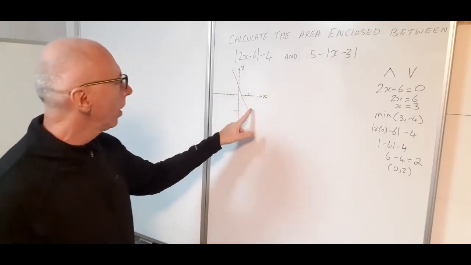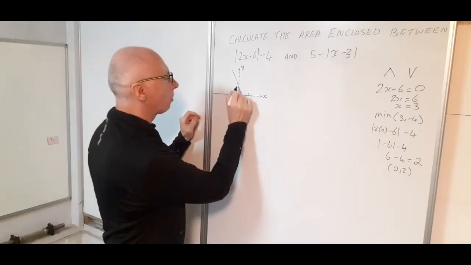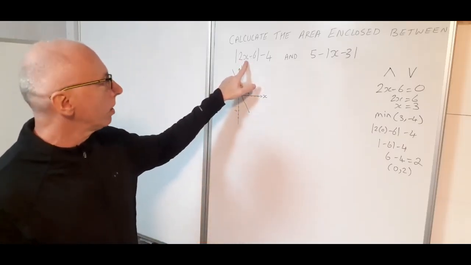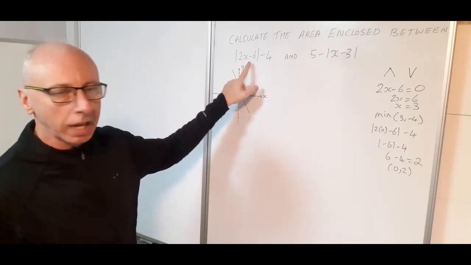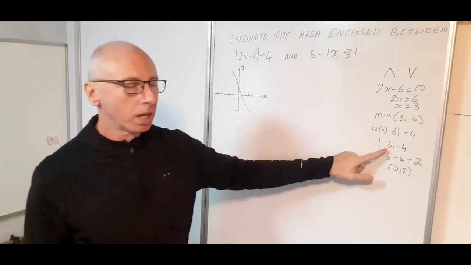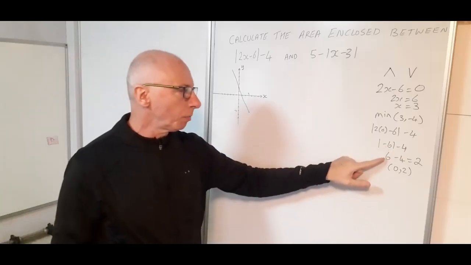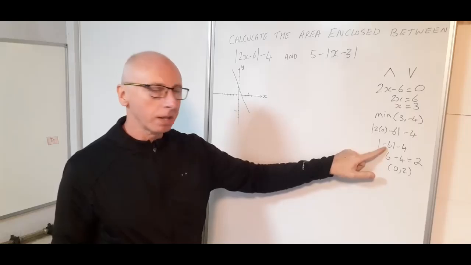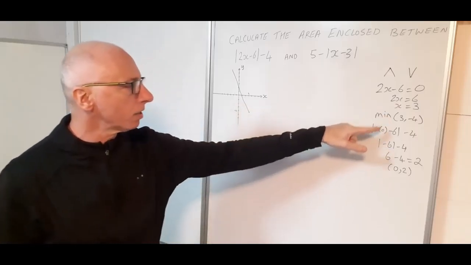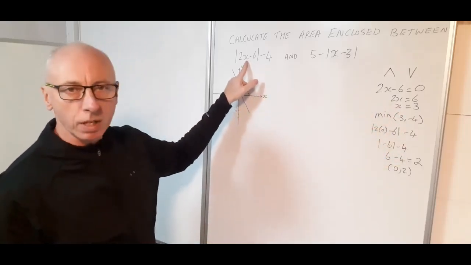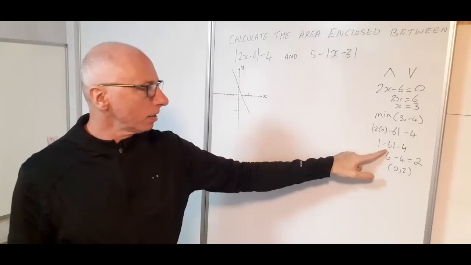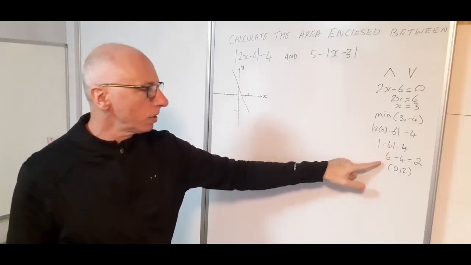Now the way to find out where it's going to go in this corresponding point here, we've got 2x minus 6 there, which became minus 6 when x is 0. Now when that becomes positive because of the modulus, we get plus 6. Now the other way we can get plus 6 is by making this 2x value into 12. So when 2x is 12, we still end up with 6.